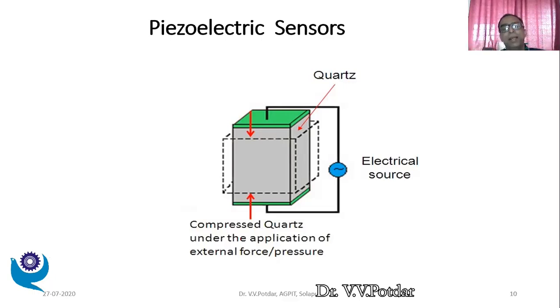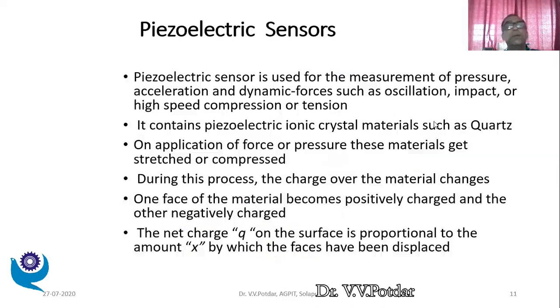Now, of course, the crystal can be subjected to tension also, tension and compression. So with the pressure, pulling force or compressive force, because the charge is changing, the output voltage will also change. Now this principle of quartz crystal or piezoelectric crystals is utilized for measurement of pressure.